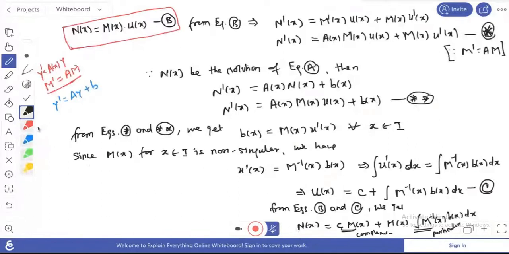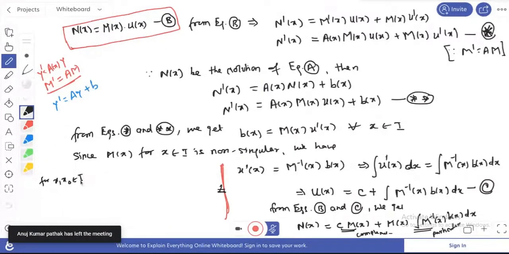Okay, so here we find this without using the initial condition. But if you use the initial condition, then for this integral we take the initial condition. So you can write here for x and x naught that belong to that interval.